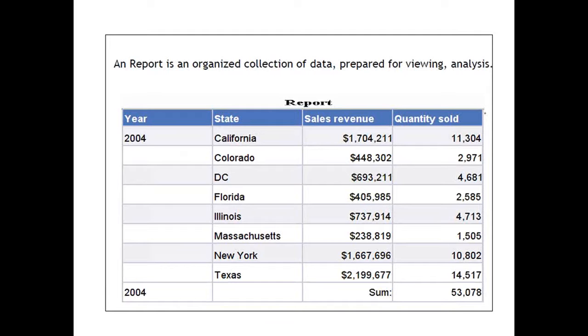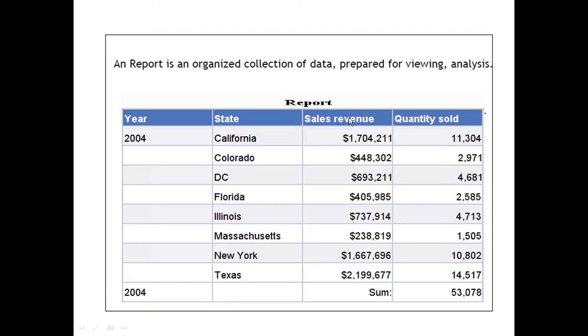Which state has the highest sales revenue and which has very little? Texas has the highest sales revenue and Massachusetts has very little.